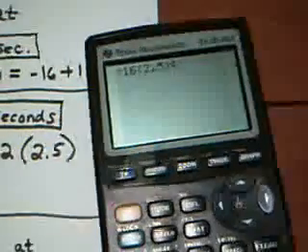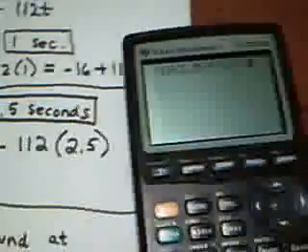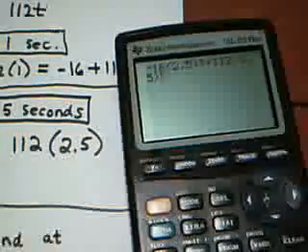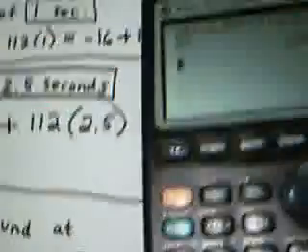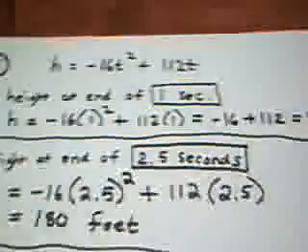Okay, these graphing calculators are wonderful. Plus 112 parens, 2.5, close parens and hit enter. And my answer is 180. So h is equal to 180 feet. Okay, so at the end of 2.5 seconds, my object is 180 feet in the air.